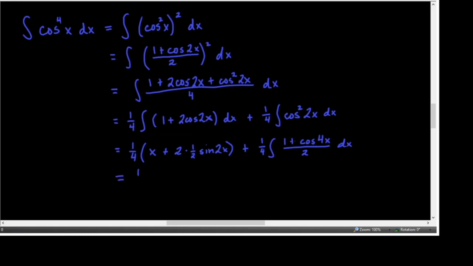So we have 1/4 x plus 1/4 sine of 2x, because of course 2 times 1/2 is 1, and then we distribute the 1/4. Then over here I'm going to pull that 2 out in front. This will be 1/8 of the integral of 1 plus cosine of 4x, which we can integrate.